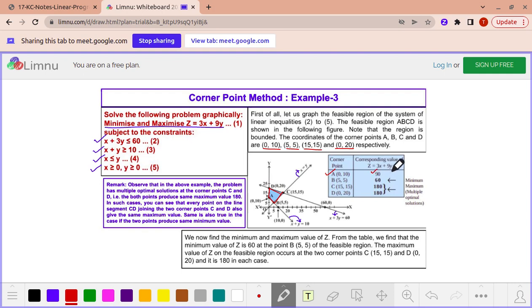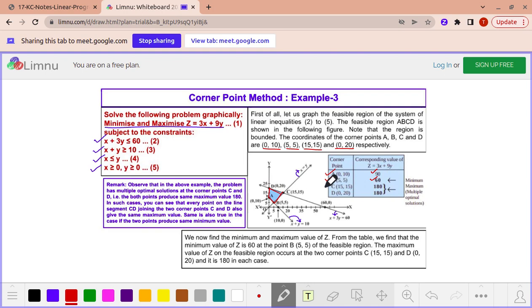For the second corner point B having coordinates 5, 5, that is x equal to 5 and y equal to 5, we find 3 into 5 plus 9 into 5, and it gives us the value for the point B as 60.